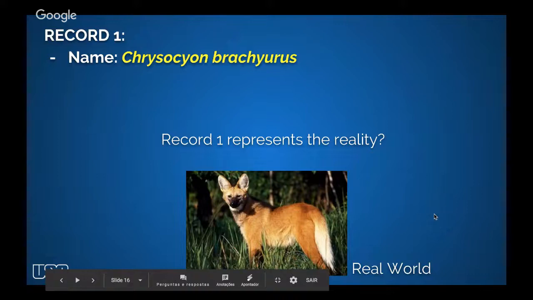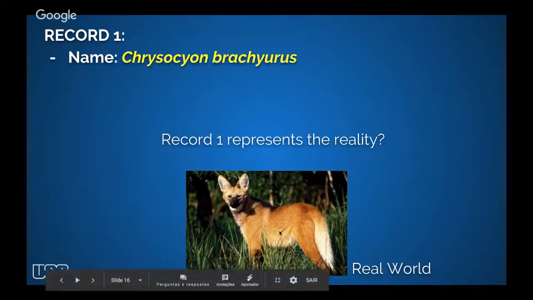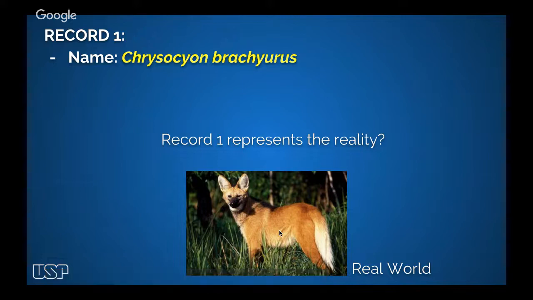Let's say we have this real world. This is a wolf, and we want to represent this real world in a record. And this record has a name, and I put as name the scientific name that is the correct scientific name of this species. Does this record represent the reality?